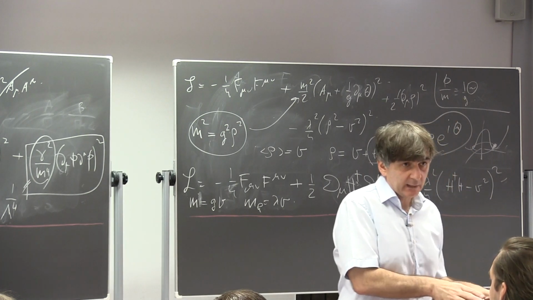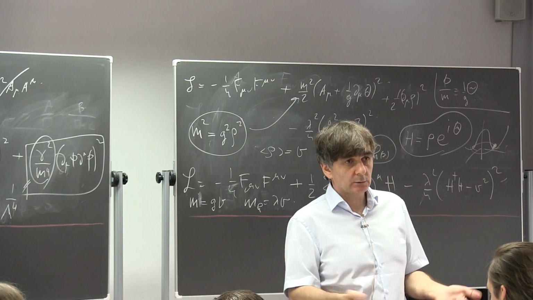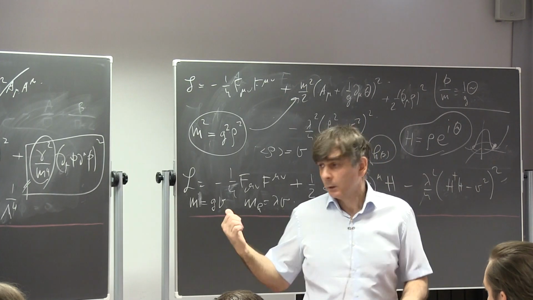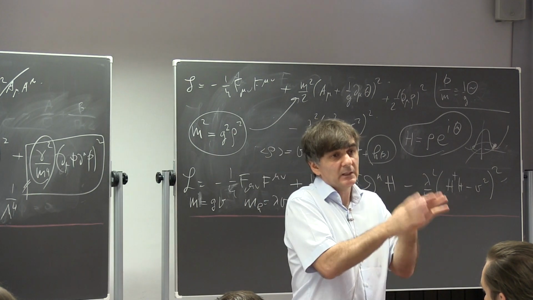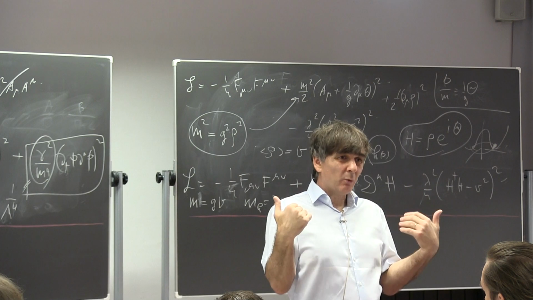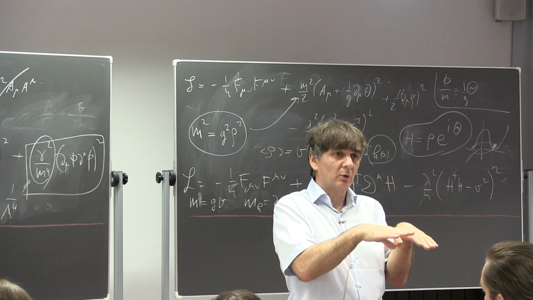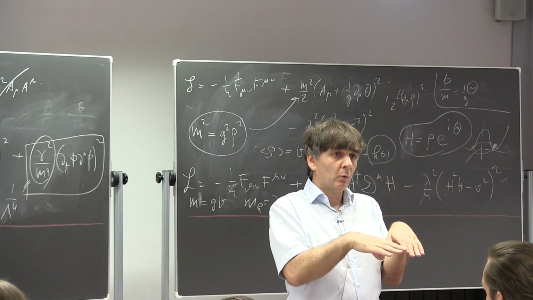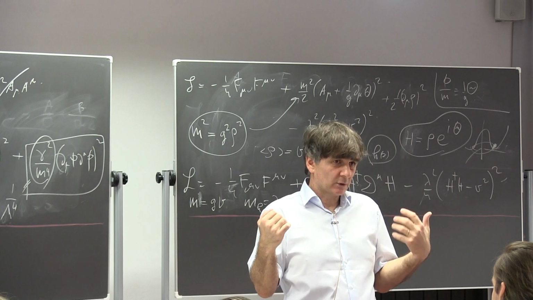If the theory makes sense, you can make computations even non-perturbatively, and so finally you'll get some answer. But when the theory is perturbative, we feel comfortable, since we are under control using perturbation theory.